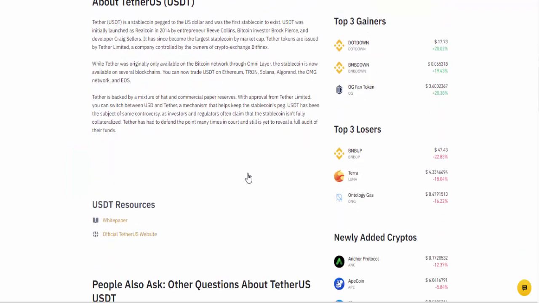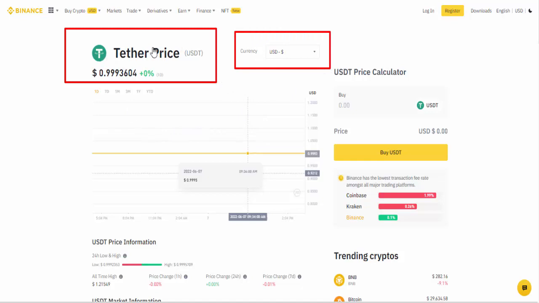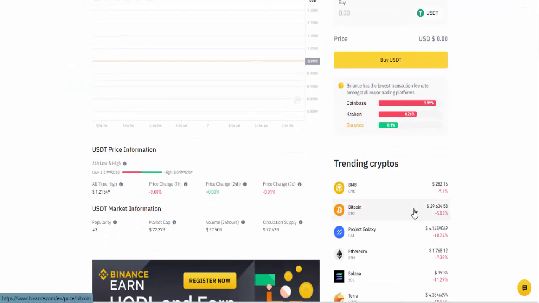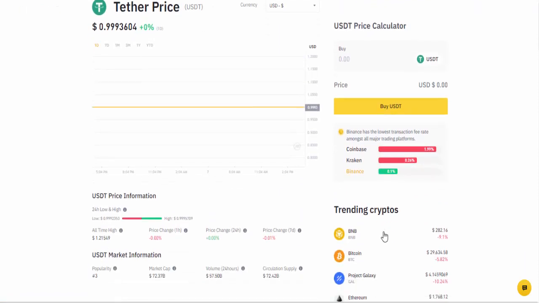This is mostly used if you are a trader and you want to deposit your money in your wallet and use that for trade. So the first option that most users can use is to deposit their money in this coin, which is called USDT. Because if you buy any other coin like BNB, Bitcoin, Ethereum, there is a chance of dipping, and your money's value may go down or up.